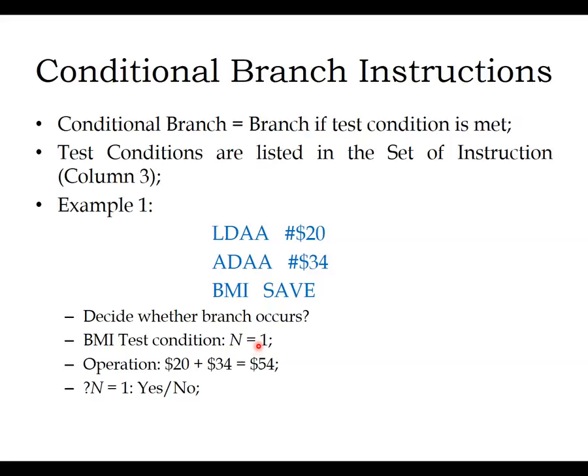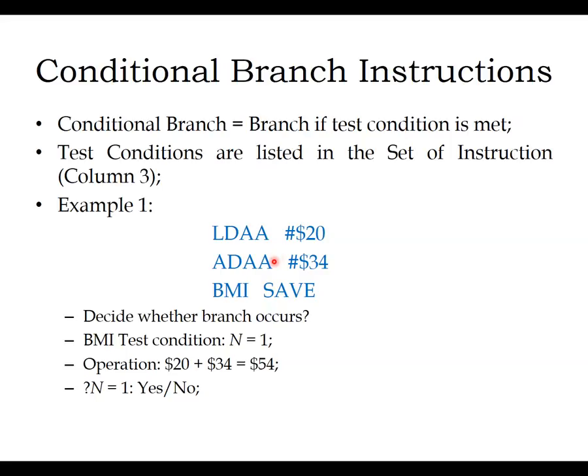That means just by looking at these 3 lines, we have to tell whether the negative flag will be set after we are done with the first 2 lines, because number 3 is the branching line, right? So let's see what happens in the first 2 lines. In the first line, you are loading data into accumulator A, which is 20.